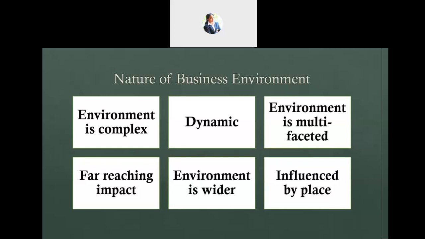Now, the environment is not only made up of the political conditions or economic conditions. It is a globe of many other different things. So, when there are different things, it becomes difficult to understand. That difficulty is represented by what is called complex.